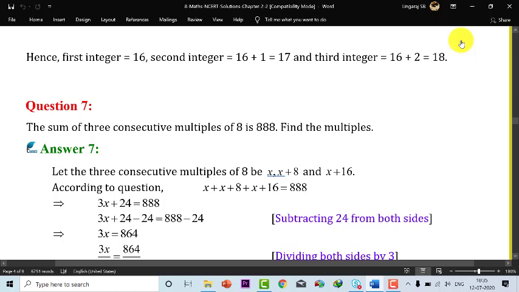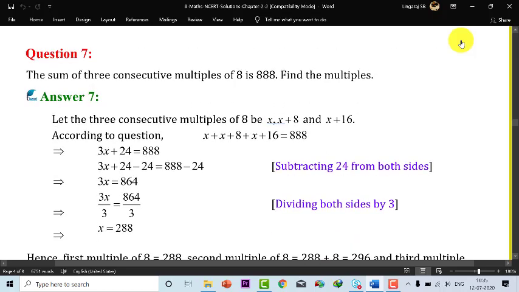So here there are 3x, so we can write the sum as 3x plus 8 and 16, which is 24, is equal to 888. So then 3x plus 24 minus 24 is equal to 888 minus 24, because we subtract 24 from both sides to get the x value.